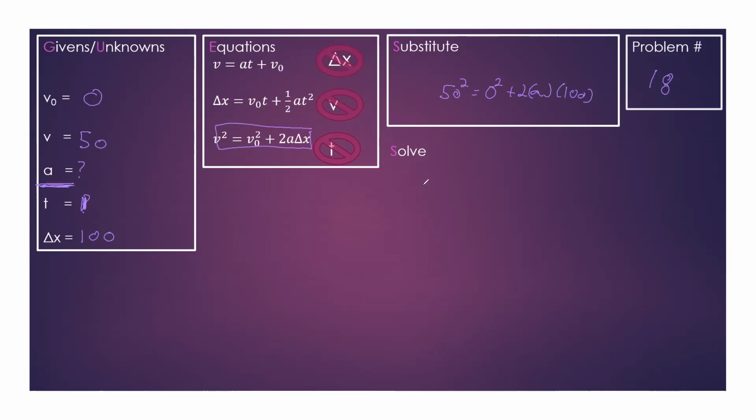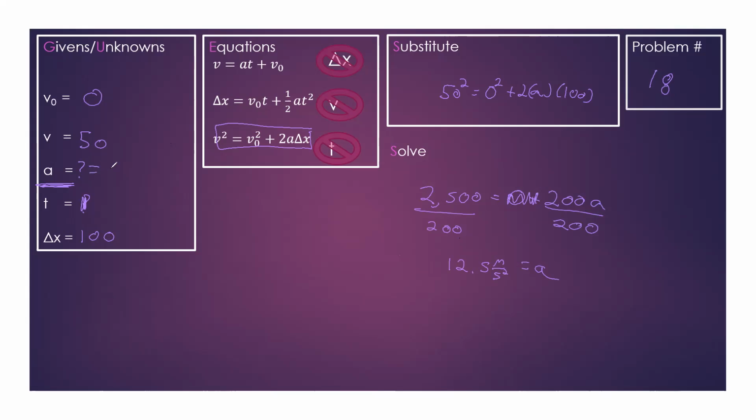Yeah, right, 2,500. 0 plus 2 times 100 is 200. Since this 0 term goes away because adding 0 doesn't do anything, I can just divide the 200 from both sides, and I get an acceleration of 12.5 meters per second squared.